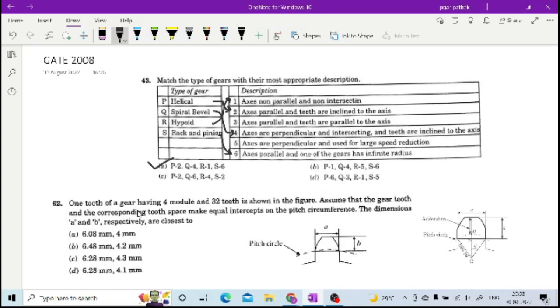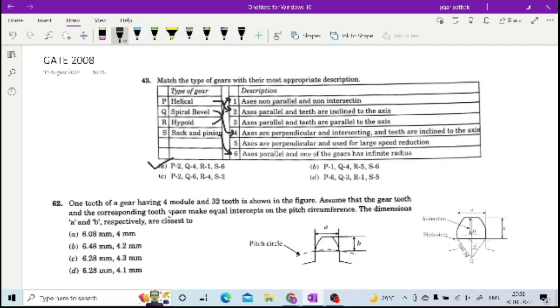Now if you go for this question number 62, then one tooth of a gear having 4 module and 32 teeth is shown in the figure. Assume that the gear tooth and the corresponding tooth space make equal intercepts on the pitch circumference, right? And the dimensions A and B respectively are close to this one.